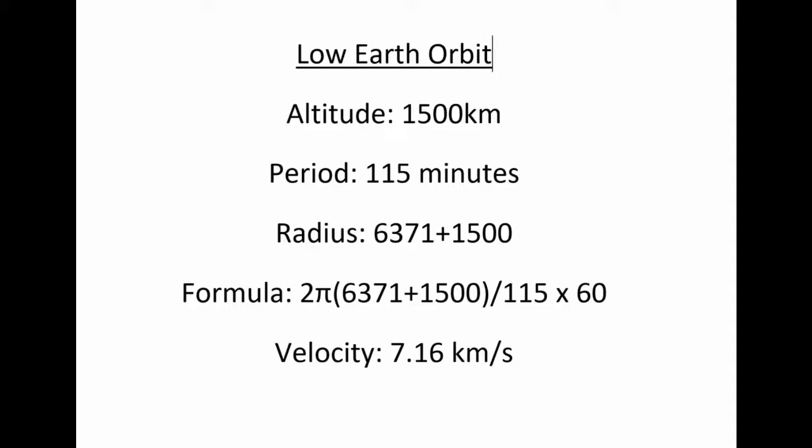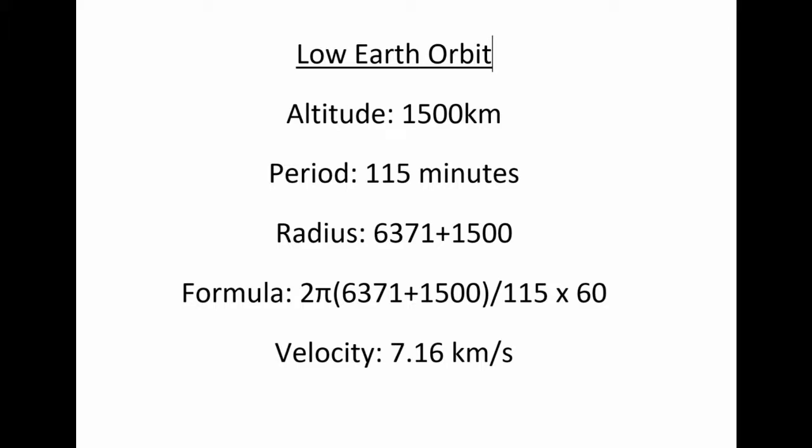Now it's the moment we've all been waiting for. It's time for the math. Let's begin with a low Earth orbit. If there was a satellite in low Earth orbit, its altitude must be below 2,000 kilometers. So let's assume an altitude of about 1,500 kilometers, which would give us a radius of 1,500 plus 6,371, because we must consider it from the center of the Earth, not from the surface.